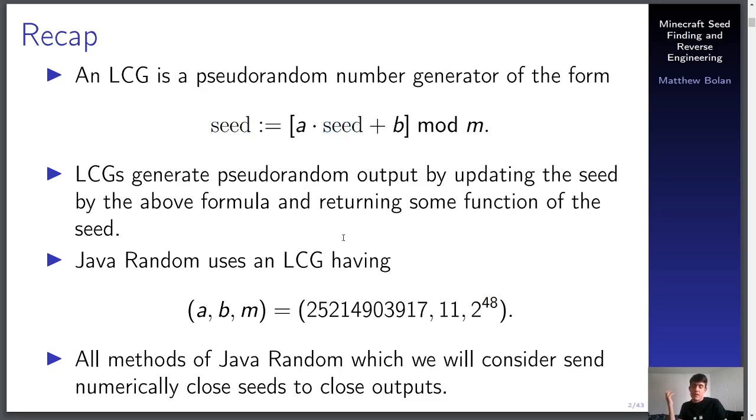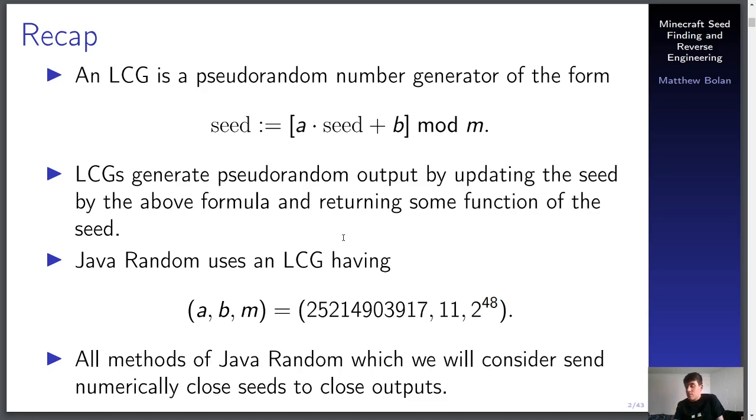They're between 0 and 2 to the 48, so they can be as large as 280 trillion. And most of the time you don't want random numbers that big. You want random numbers between 0 and 1, or between 1 and 5, whatever. And so the Java programming language has a number of methods that you can call to get a random number in the range you want and of the data type you want.